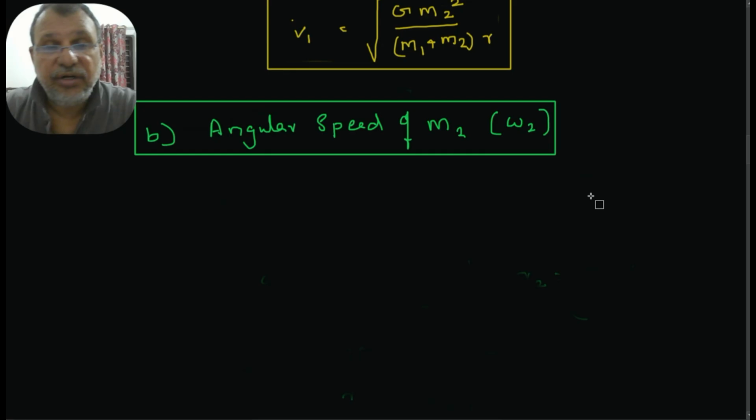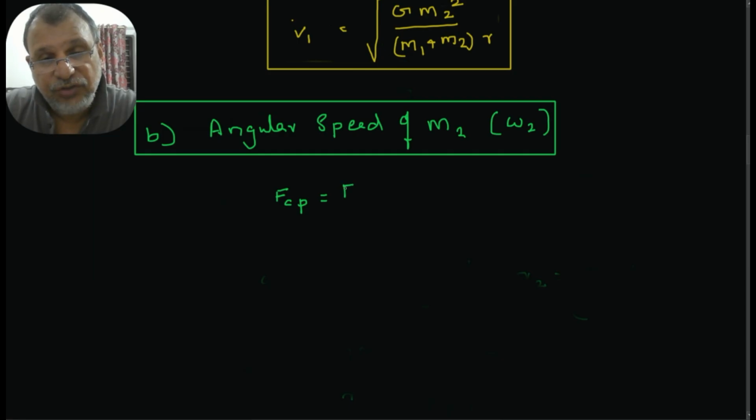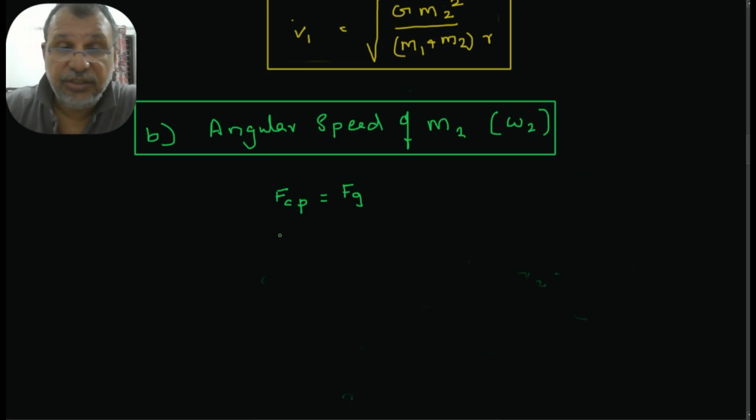Now we can write the equations the same way as in the earlier case, equating the centripetal force to the gravitational force. This is for m2: F_cp is equal to F_g. The centripetal force is given not in terms of the tangential speed but in terms of the angular speed.